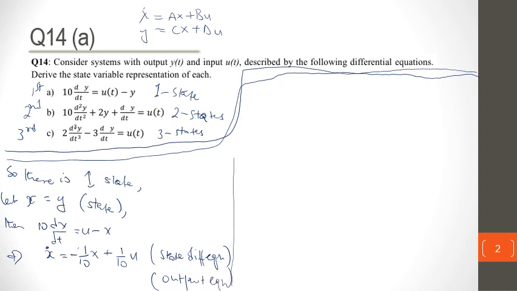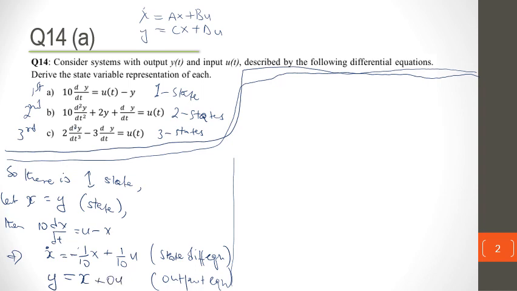Now we need an output equation. Our output equation comes from the definition: y is equal to x, and nothing to do with the D, or we can simply write it as 0u.